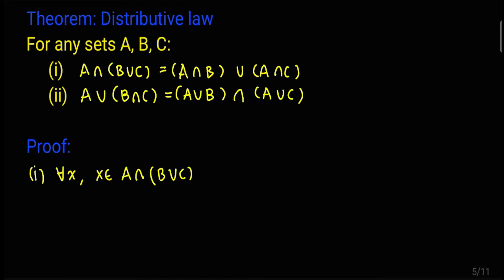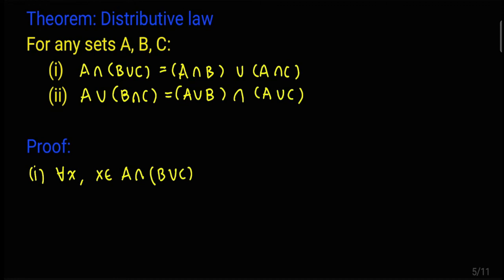But since we are defining intersection and union using the logical operators and, or, this is the exact equivalent of the distributive law in logic, of the logical operator and over the logical operator or.